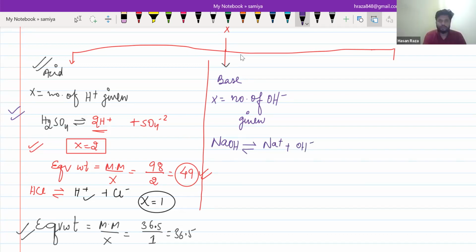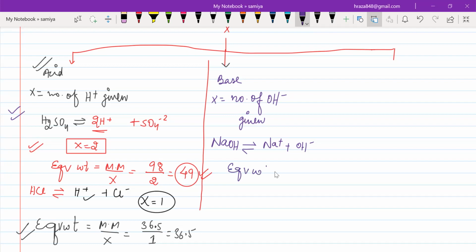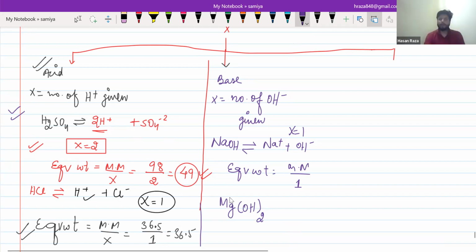So if you calculate the equivalent weight of NaOH, it is the molar mass divided by X, and since only one OH minus is given, X is 1. Can anyone tell me the value of X for Mg(OH)2?